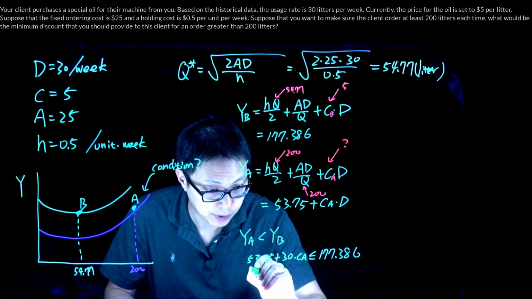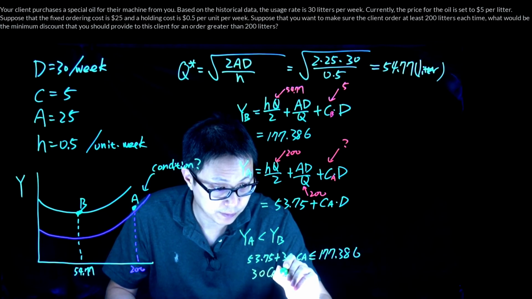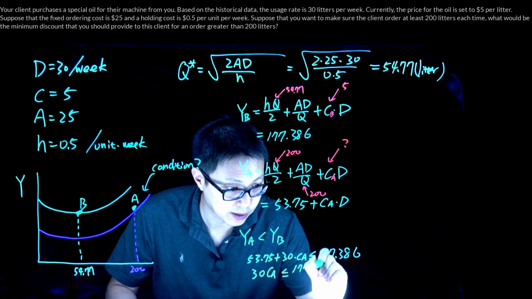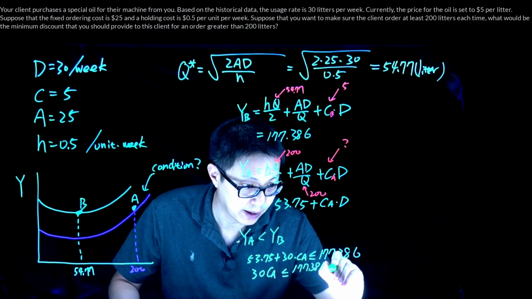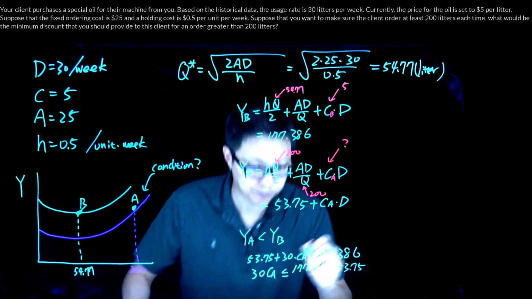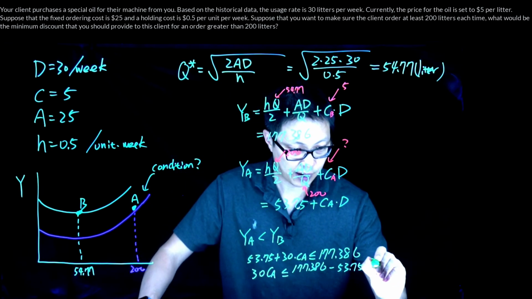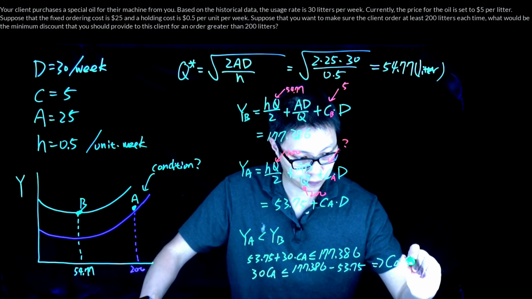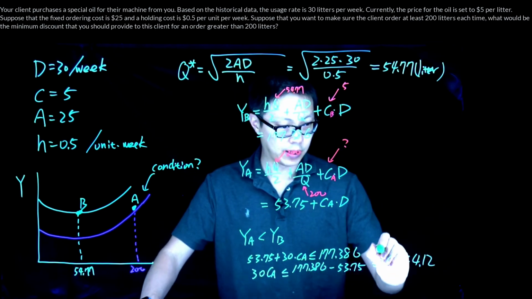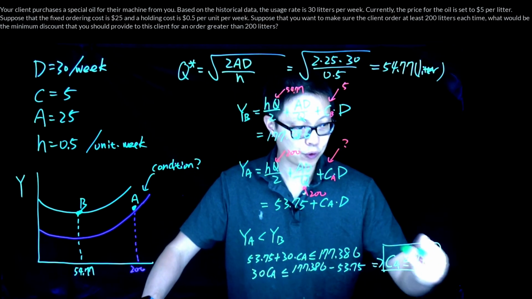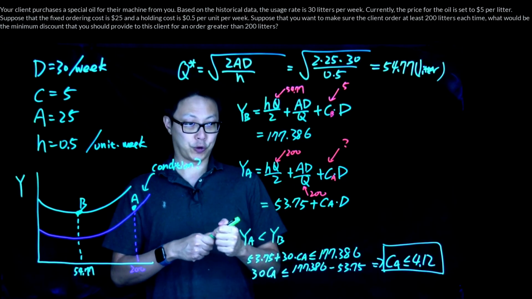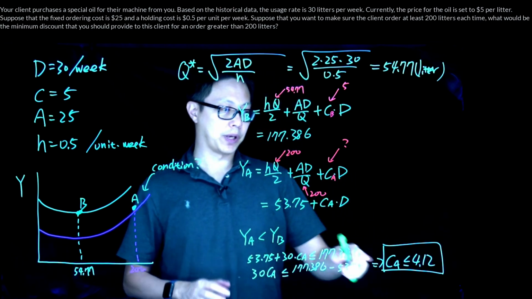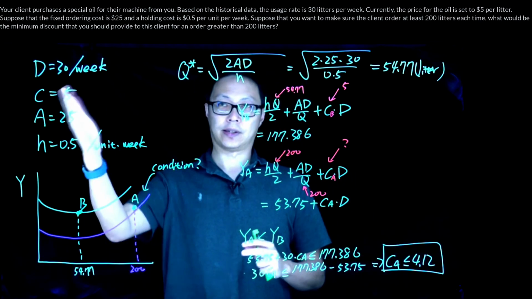Then I know 30 CA will be less than or equal to 177.386 minus 53.75. And further, I know CA will be less than or equal to 4.12. In other words, if you want to make sure the customer will order 200 units or above, I need to make sure the product cost will be 4.12 instead of 5.